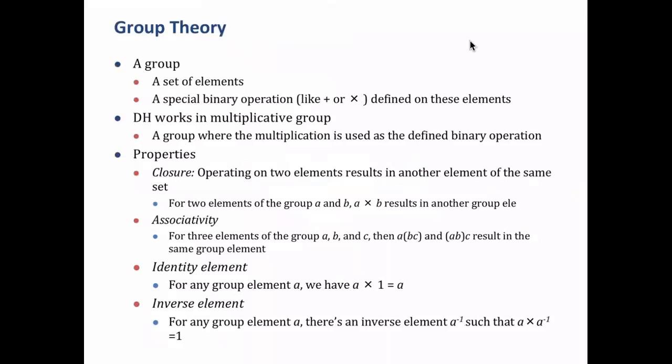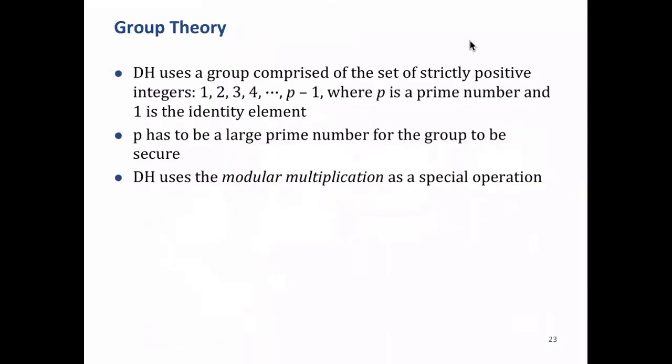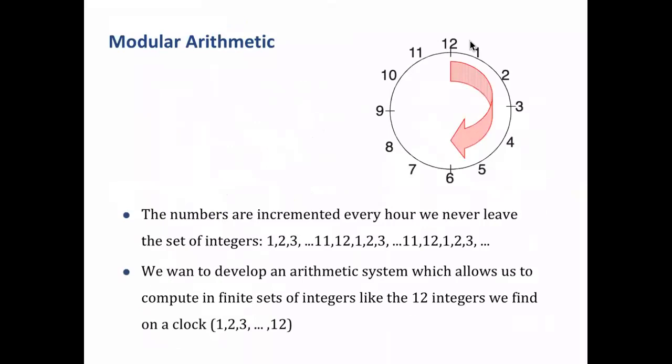The important property is something like this. When we say modular mathematics, essentially the numbers are within a group, a set of positive integers, and the whole mathematics happens within that set.